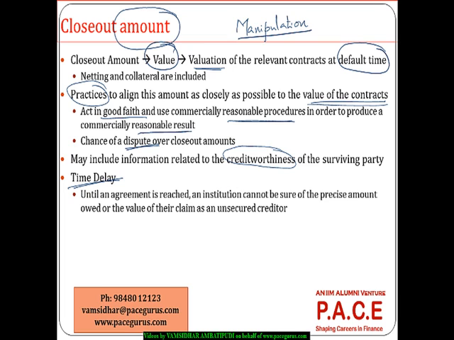So there will not be any kind of guarantee. Probably a good amount can be decided, but still there is a lot of uncertainty on the precise amount that is owed or can be claimed until this closeout amount has been resolved, with all the disputes being addressed properly.